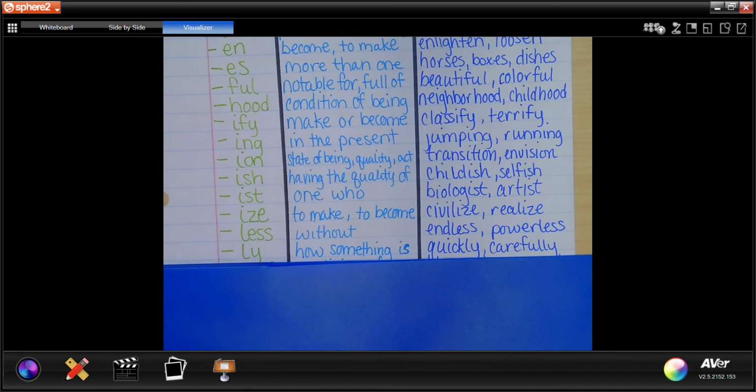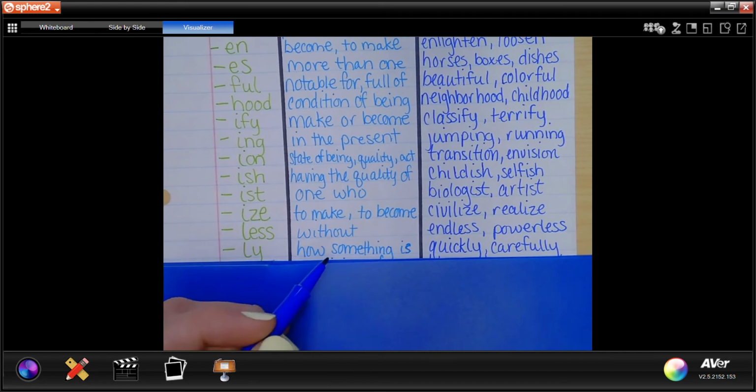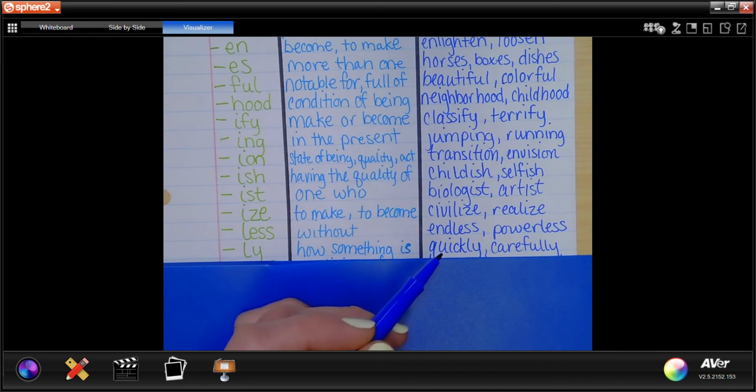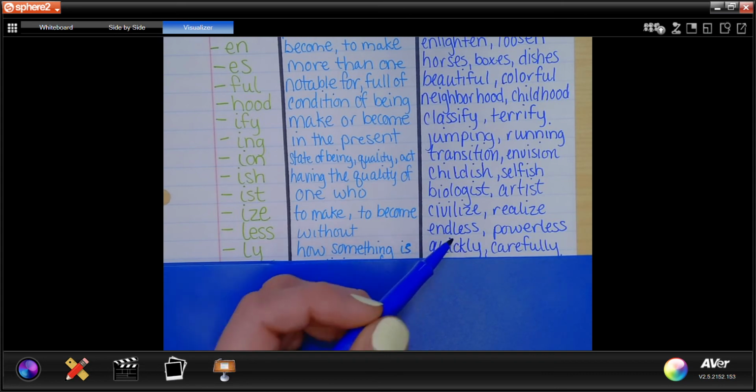The next suffix we're going to talk about is the ending ly. It means how something is. One example is the suffix ly in the word quickly. So how something is, quickly.